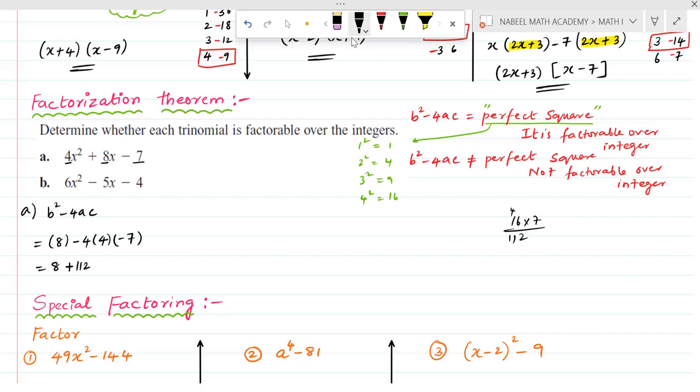So it is not a perfect square. Is it right? So 120 is not a perfect square number. Now let us go to the next one. So I say here it's not a perfect square. So I write the conclusion: not factorable over integers. Why? Because it is not a perfect square.